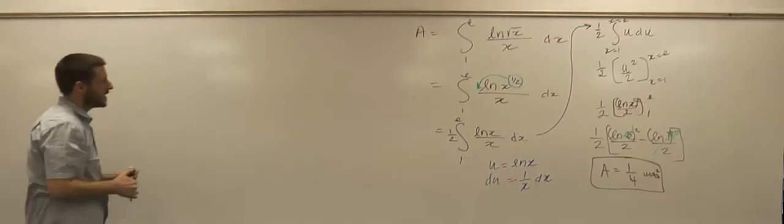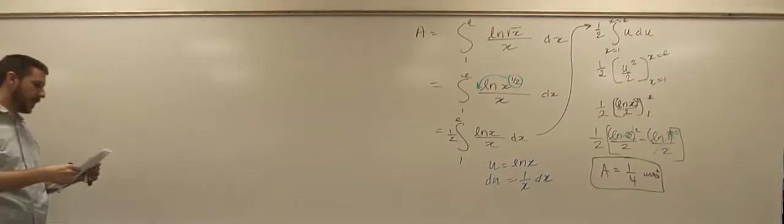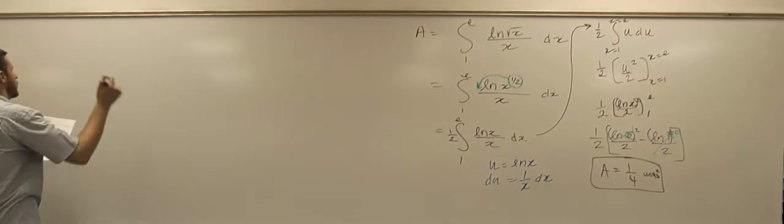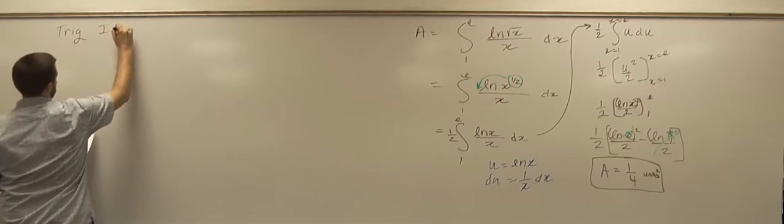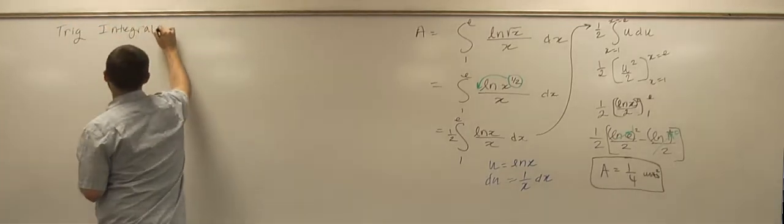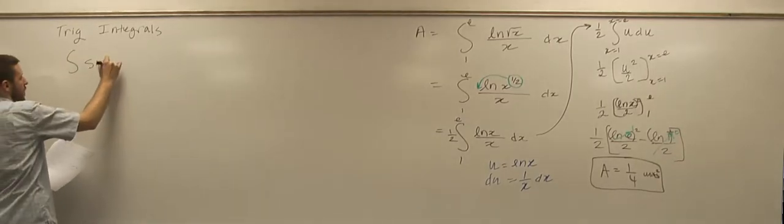Okay, so the last thing in this section, we're done with natural log forever, is all of our new trig integrals. Just to remind you, we had sine and cosine.